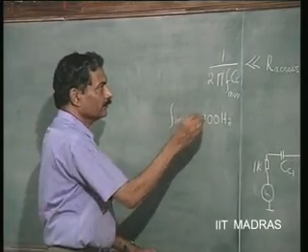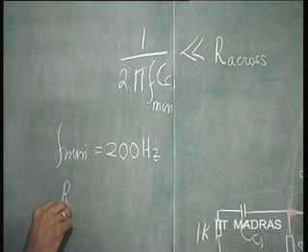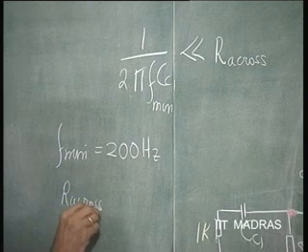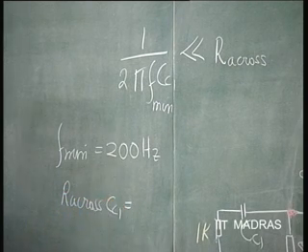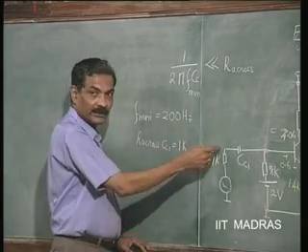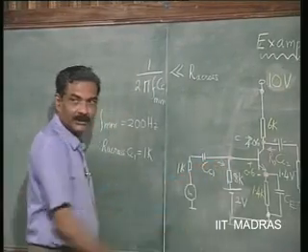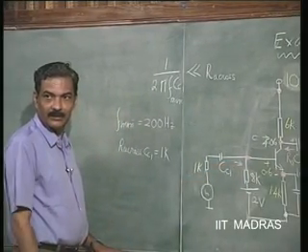Then R across CC1 equals 1k. We can see this 1k, then nothing but the input resistance, right.